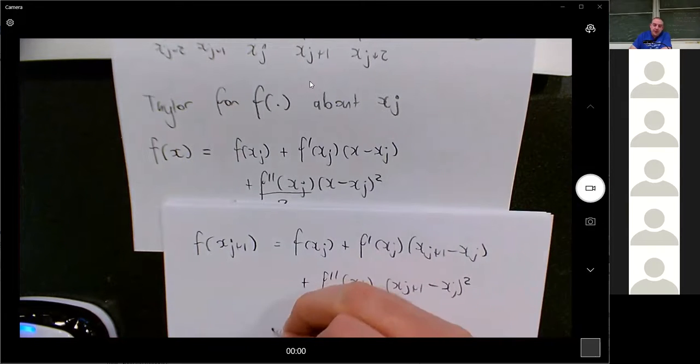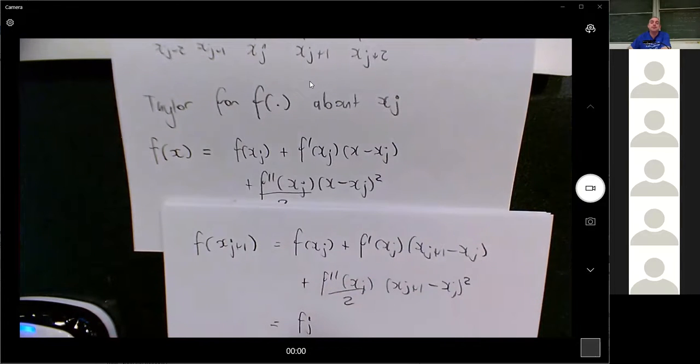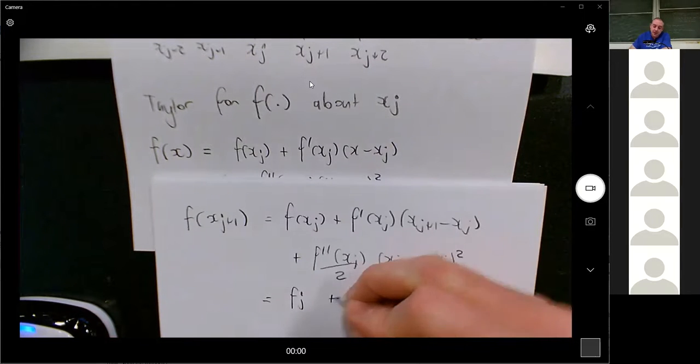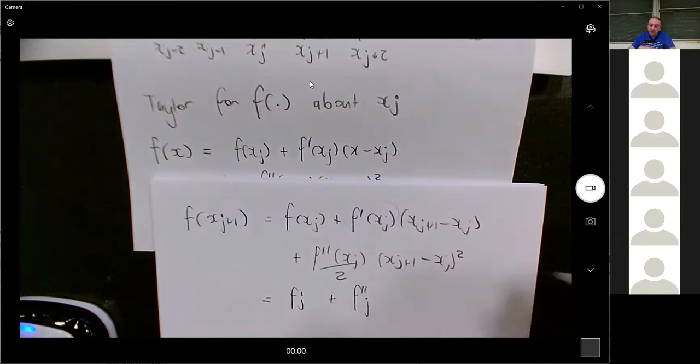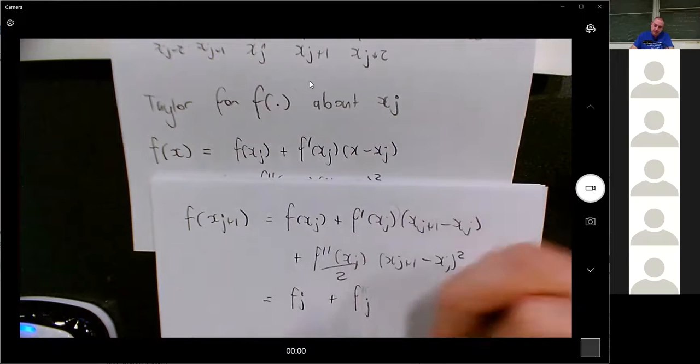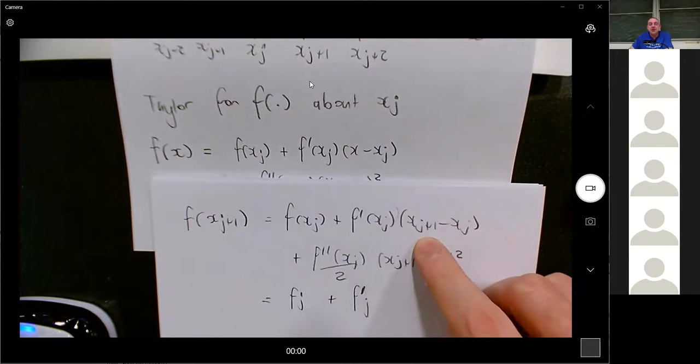And this thing is called fj, and this thing here is called f dash j. And this is the distance between xj plus 1 and xj, which according to my diagram is h.